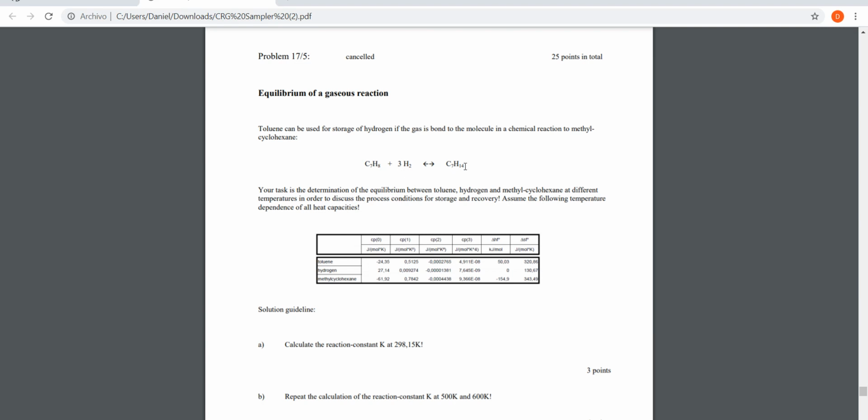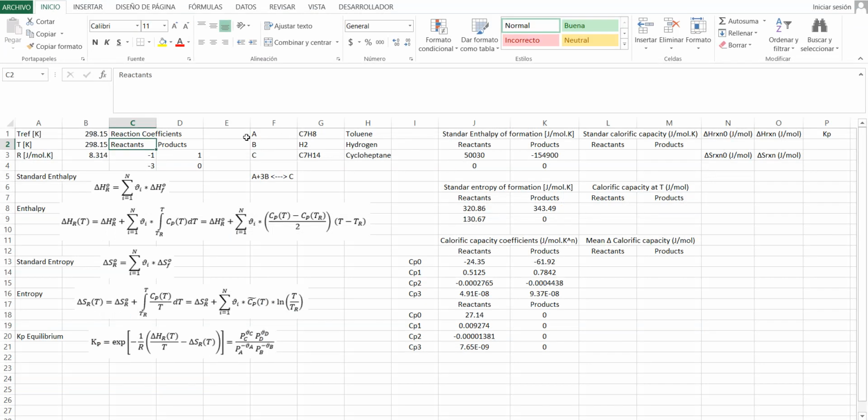So let's remember that for reactants, the stoichiometric coefficient is negative. For toluene it is -1, for hydrogen it is -3, and for cyclohexane it is 1, because it's a product, it's positive, and if it's a reactant, then it is negative.